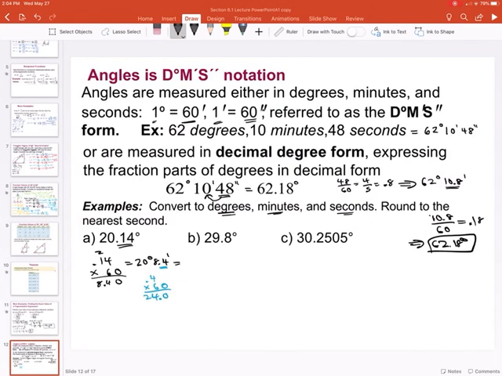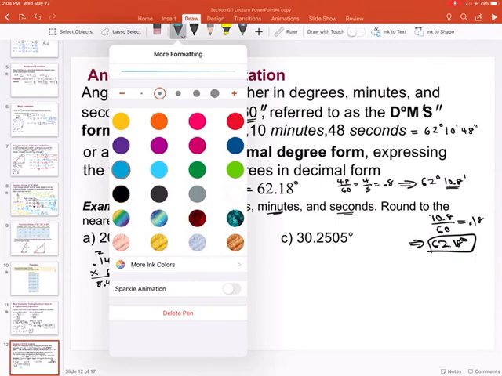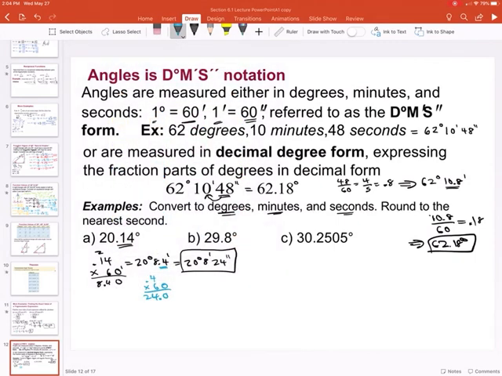So in the end, we have 20 degrees, 8 minutes, and 24 seconds. You can see that conversion as we look at these problems. Remember your conversion factors: 60 minutes make a degree, 60 seconds make a minute.